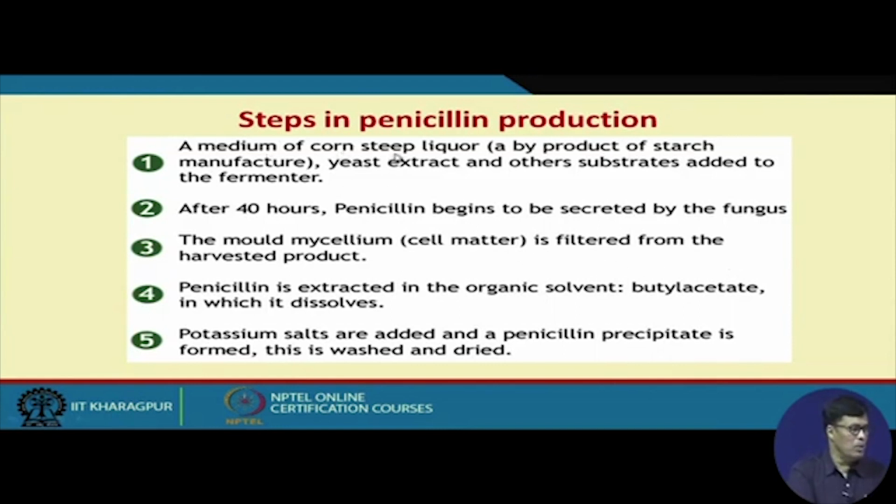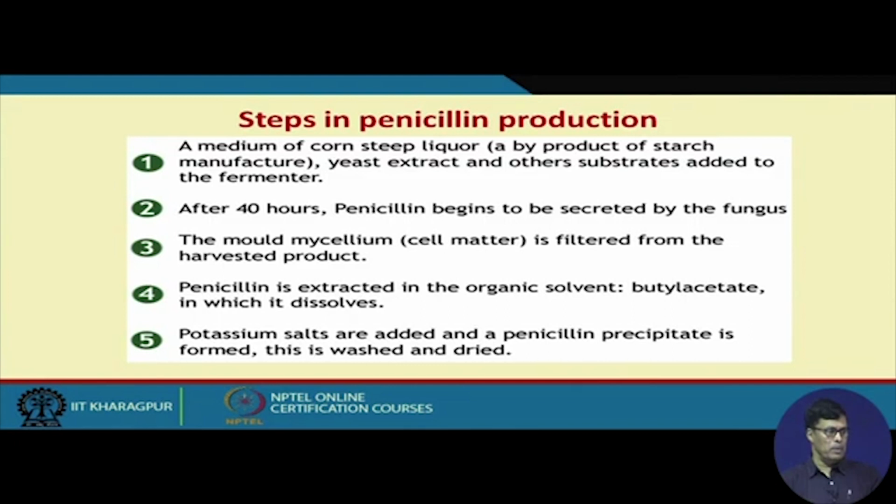The media is corn steep liquor, which is the byproduct of the starch manufacturing industry. The corn steep liquor is considered a good nitrogen source. Then we have yeast extract, which is also considered a good nitrogen source, and other substances are added. I mentioned before that we have two types of media: complex media and synthetic media.